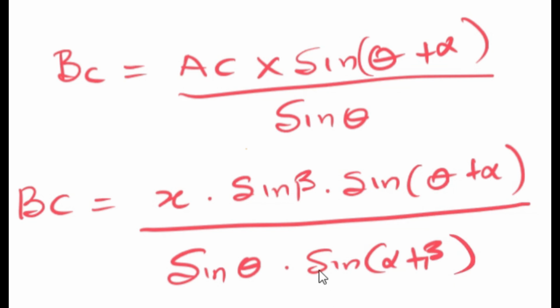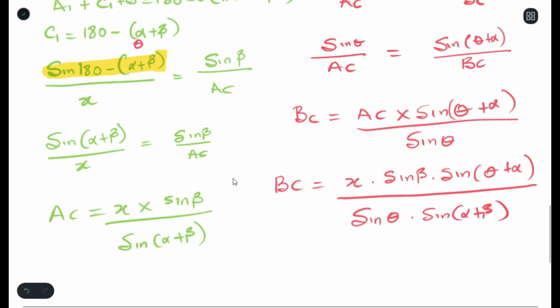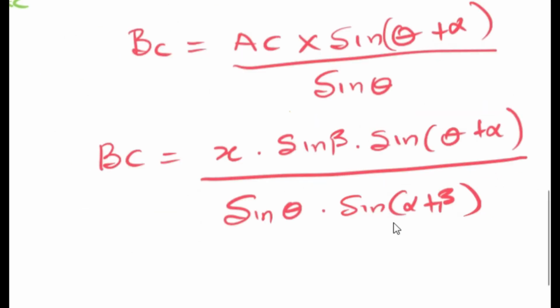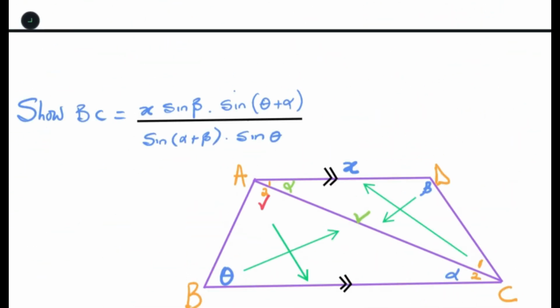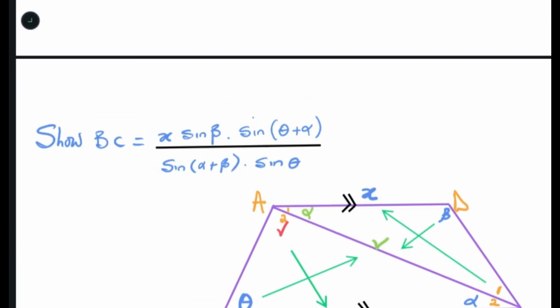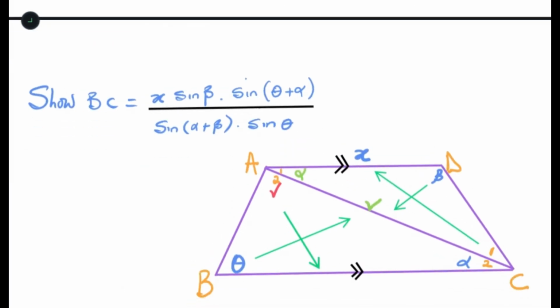So in the final step over here, we just replace our value for AC. And therefore your BC will be x times sine beta times sine theta plus alpha over sine theta times sine alpha plus beta. And that is exactly what they asked us to prove, as you can see over there.